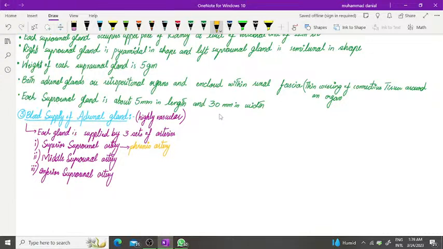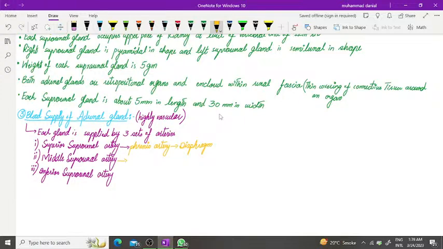Basically, this pharynx artery is going to supply the oxygenated blood to the diaphragm of our body. So this superior suprarenal artery is the branch of the pharynx artery.